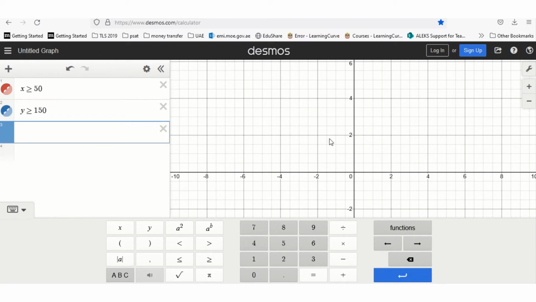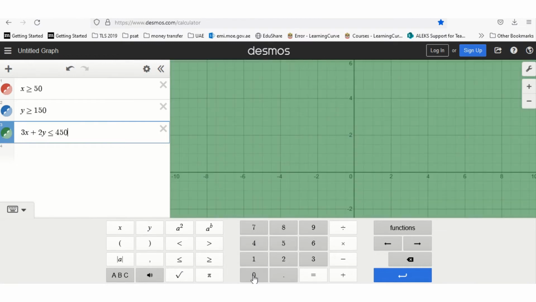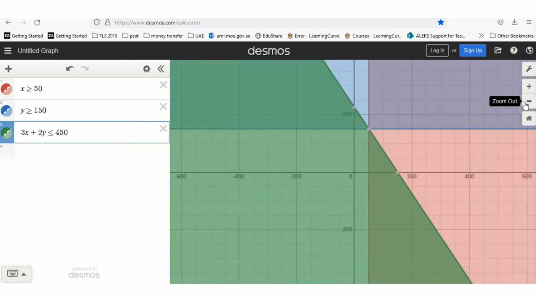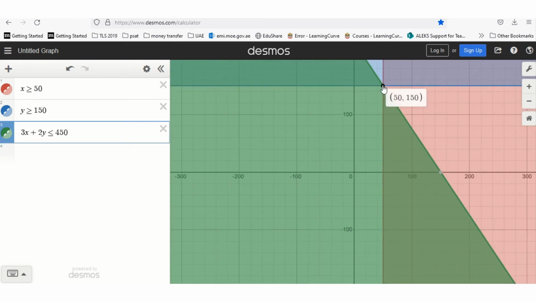Next is the last one, which is in terms of the number of pages. 3x plus 2y has to be less than or equal to 600. Okay, so we are done with all. Let's zoom out and check our answer. So this is how the shaded region is coming. A little bit more, I'll zoom. So what is the shaded region?